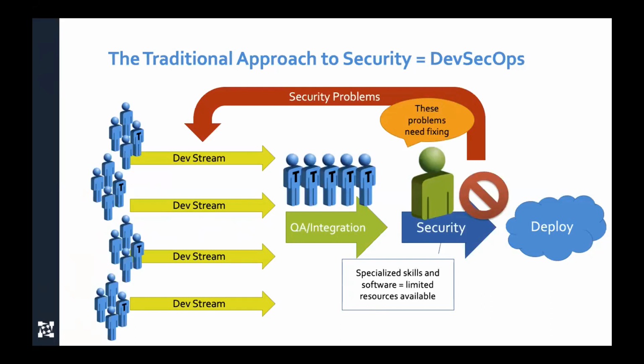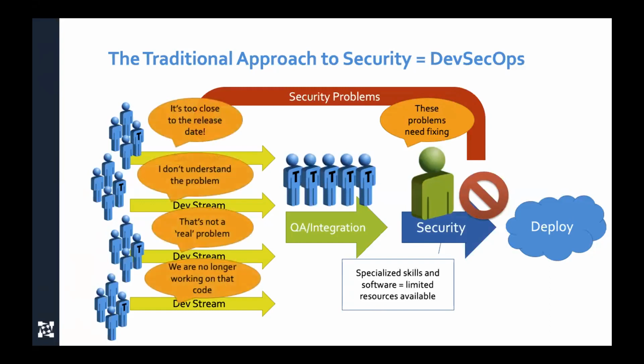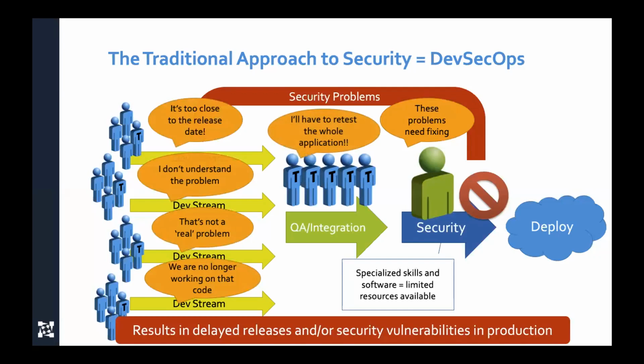We have to verify that these security issues are resolved. And they're very valid security issues. However, the teams will typically push back on this process, and they push back for several reasons. They may be up against a time crunch, so a particular delivery date that they need to hit, and they're too close to release.